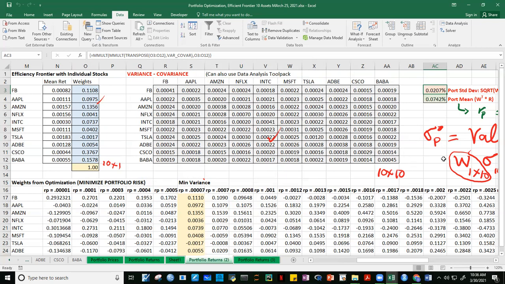You have a solution. Look at our portfolio standard deviation. It decreased, right? It's only 0.02 now. Our portfolio mean also changed, so it's already based on these weights.